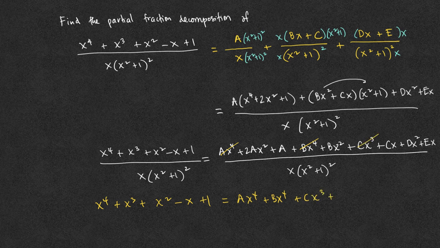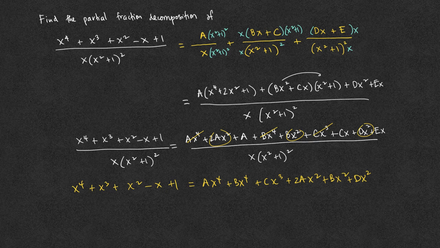Next, the x squared terms, 2Ax squared plus Bx squared plus Dx squared, and there are 3 of them. And then the x terms, they are Cx plus Ex, and the constant term A only.